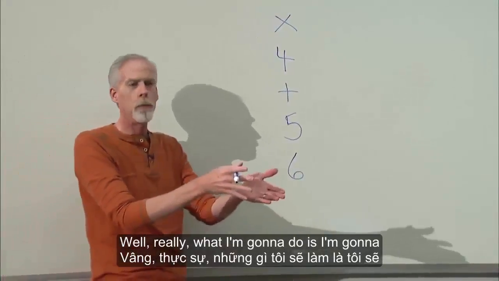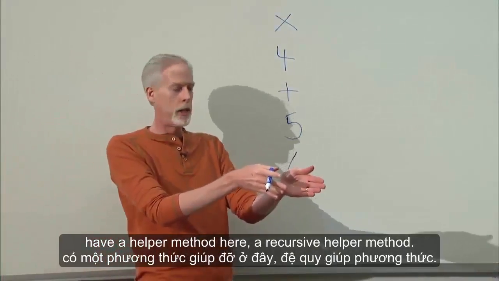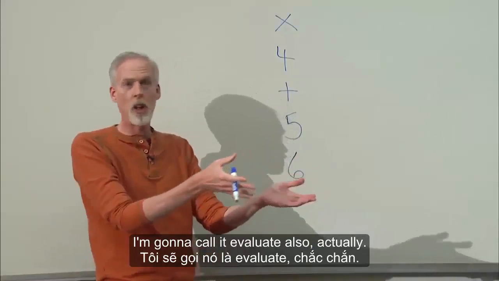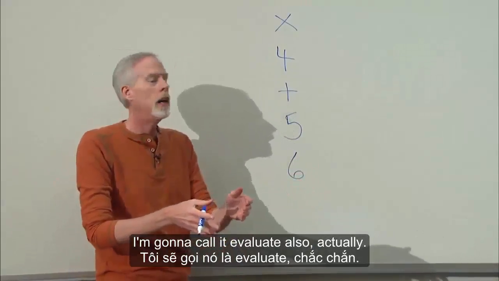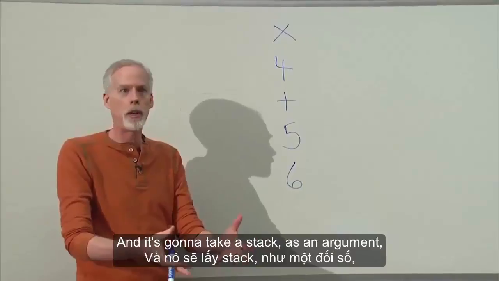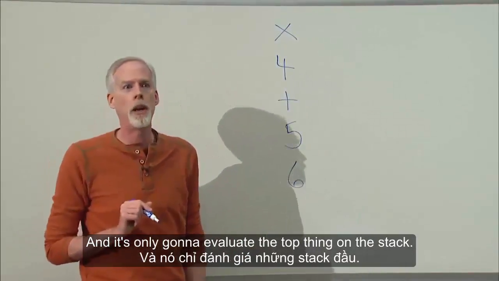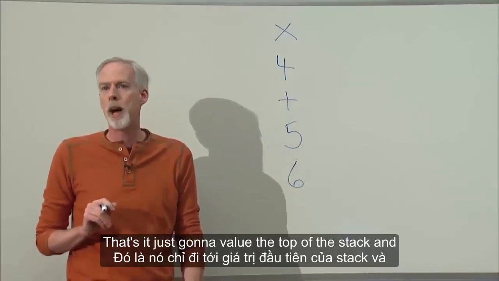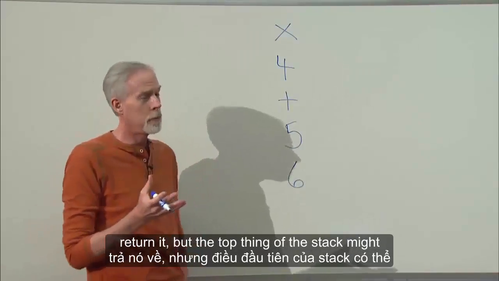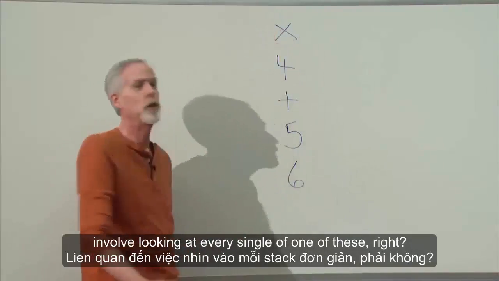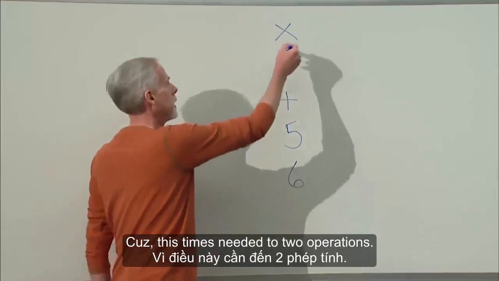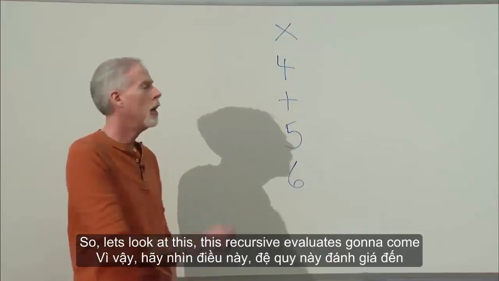Well, really, what I'm going to do is have a helper method here, a recursive helper method. I'm going to call it evaluate also, actually. And it's going to take a stack as an argument, a stack of things to evaluate. And it's only going to evaluate the top thing on the stack. That's it. It's just going to evaluate the top thing on the stack and return it. But the top thing on the stack might involve looking at every single one of these, right? Because this times needs its 2 operations. So let's look at this.